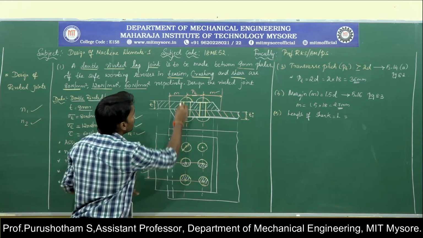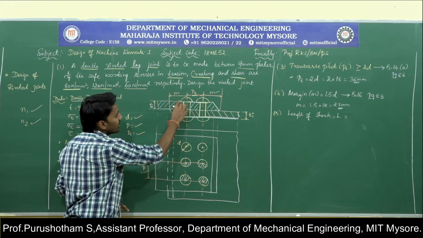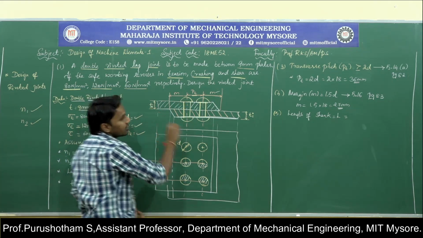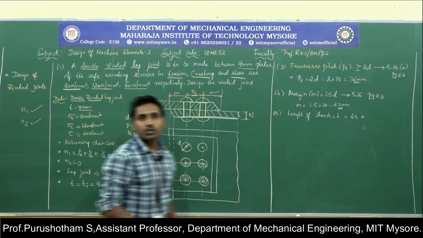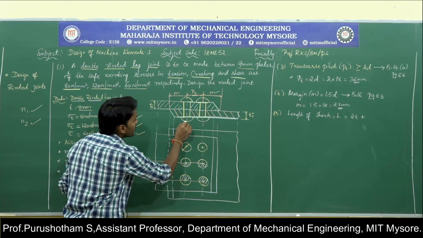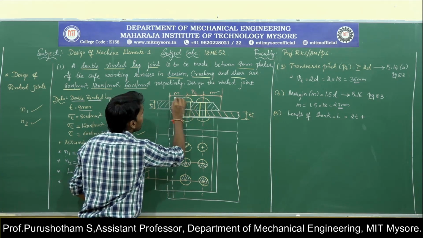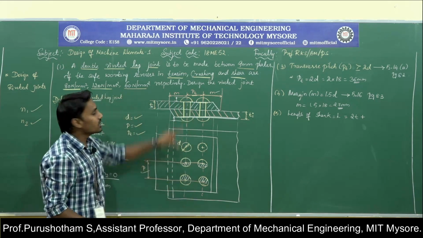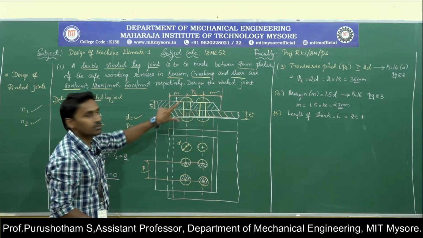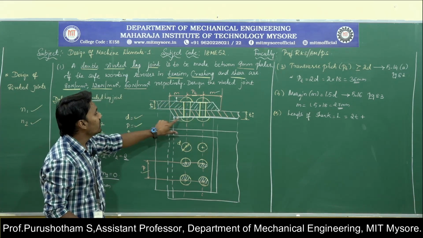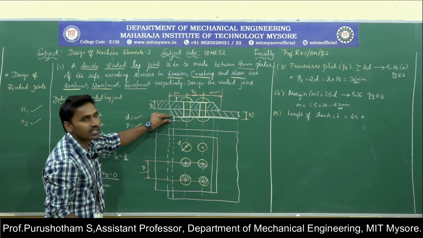From ear to ear is T, so I can write it as 2 times T. Then I need to consider this distance as well as this distance to calculate the overall length of the shank before the dumbbell shape. For the snap head rivet, this length is 0.7 times D.